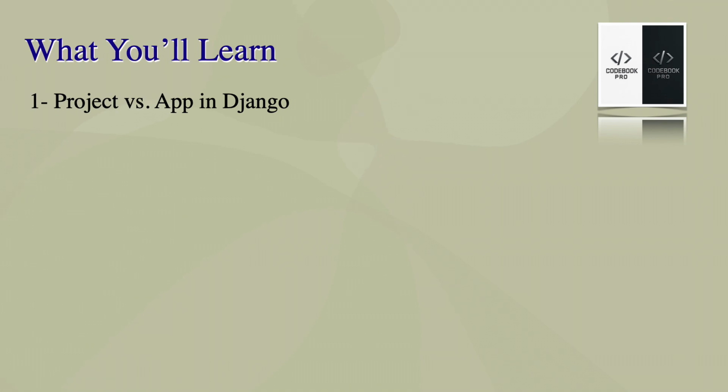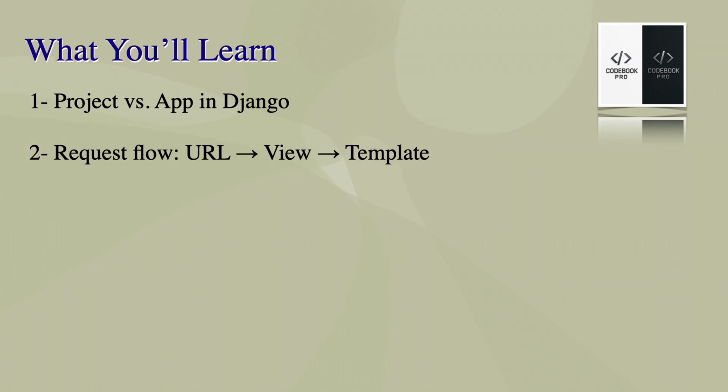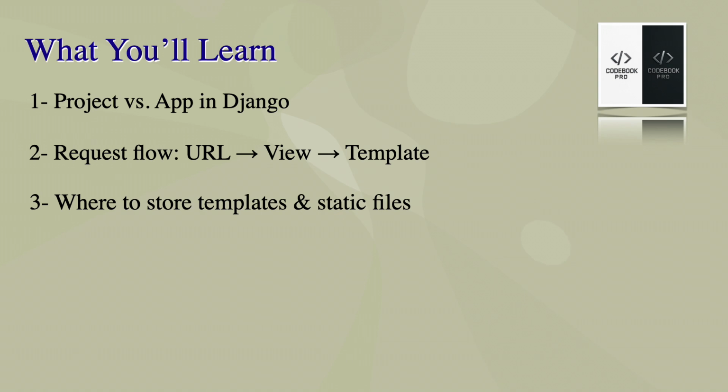Once we have done these steps, you will be ready to tackle some important concepts. You will learn the difference between a Django project and a Django app. Then we'll explore the request flow, how a URL maps to a view and then renders a template. And then you will see exactly where to store your templates and static files so your project stays organized.